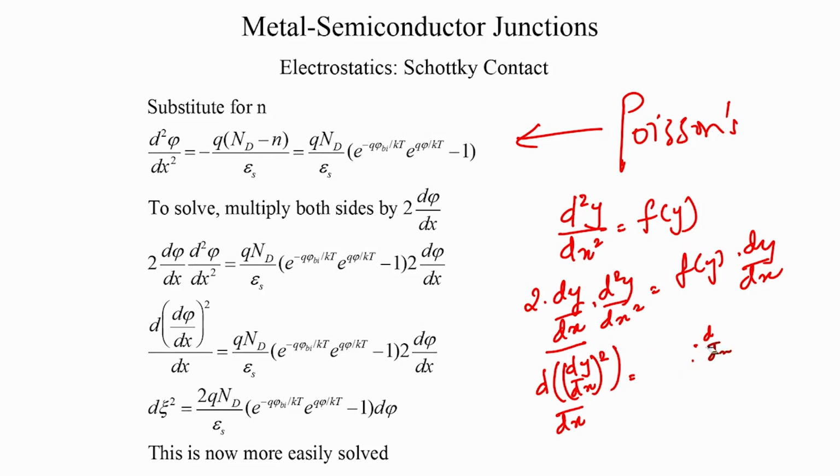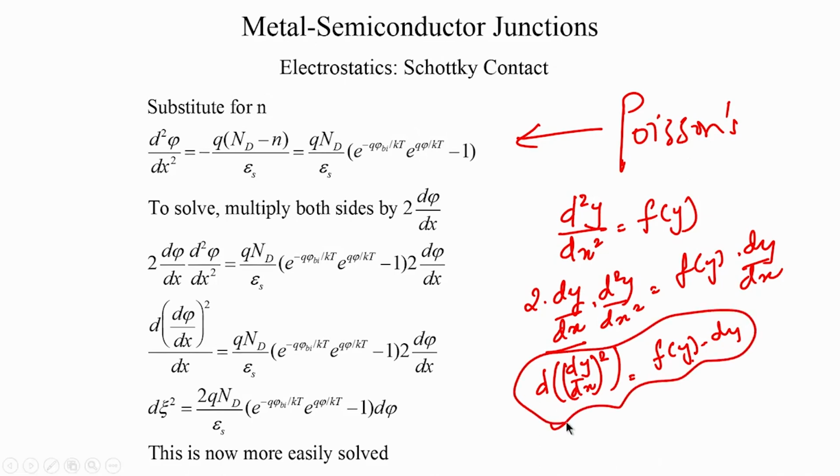So, that is your left hand side, and your right hand side is simply f of y dy by dx. You can get rid of the dx, and now you have a very nice differential equation to solve. If you integrate both sides, you will end up with (dy by dx) square being equal to the integral of f of y dy. That is a technique to solve, and that is what we will be using.